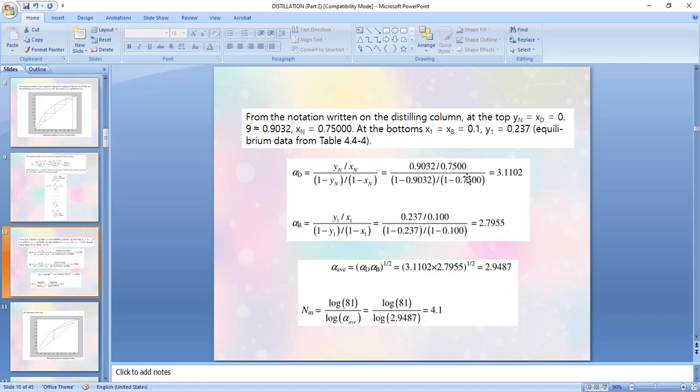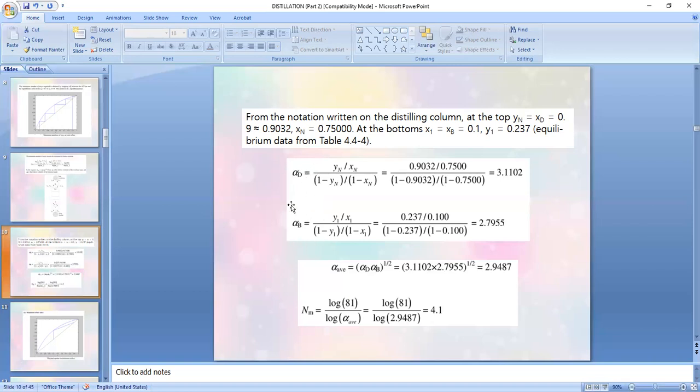And the equilibrium mole fraction in the liquid phase, which is 0.75. Now, you use the same value in the denominator. This is your formula in determining alpha D, the relative volatility of your component pentane in the overhead vapor, which is converted into the distillate.